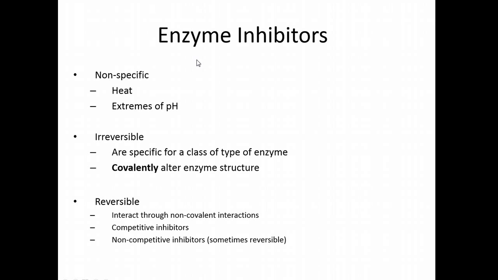The ones we're going to spend a bit of time on, though, are inhibitors that are reversible. There are 2 kinds. They're competitive and they're non-competitive. And we're going to go back to our guy moving boxes to talk about these.